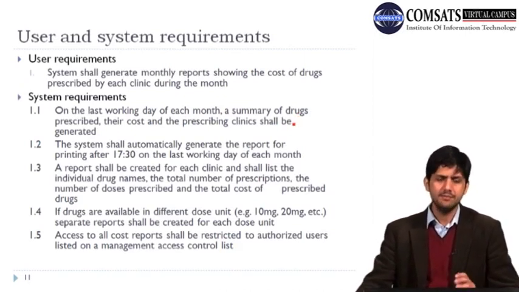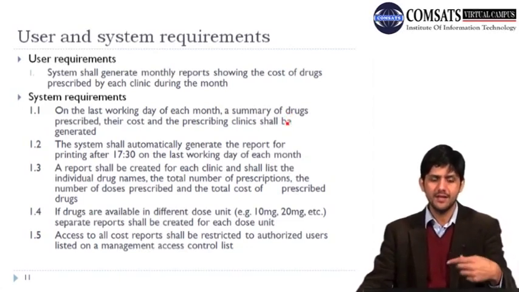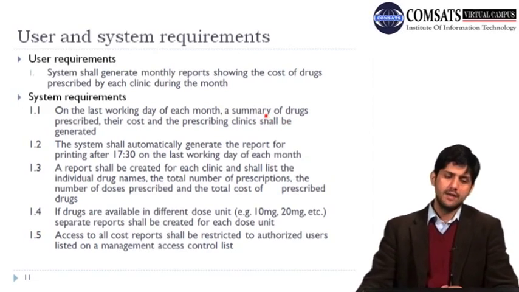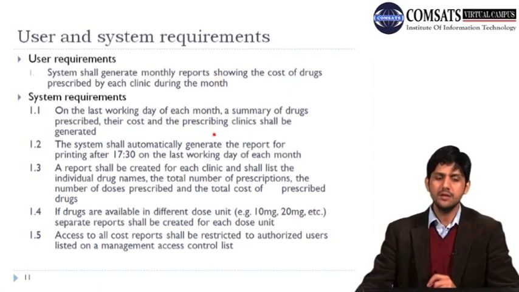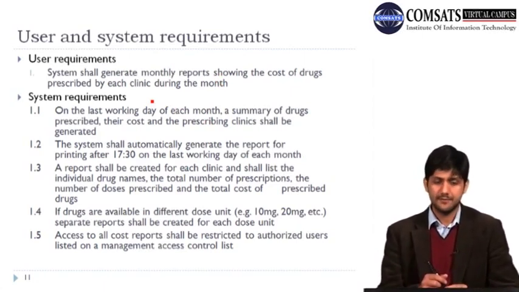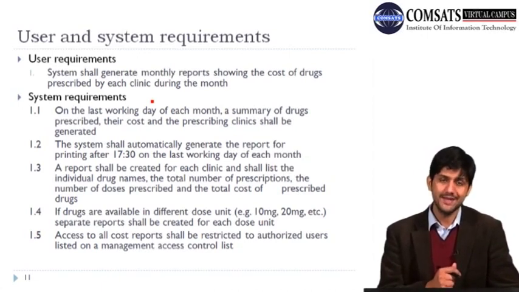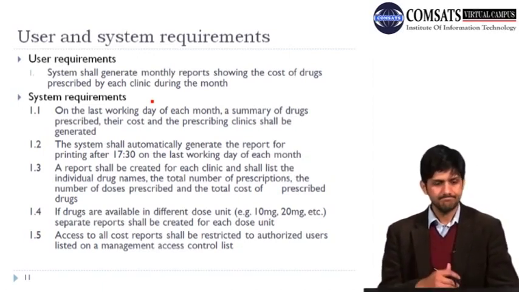Let's look at the comparison of a user requirement and a system requirement. We discussed it briefly with the ATM, where you can see the difference in the level of abstraction and detail. The user requirement is that the system shall generate monthly reports showing the cost of drugs prescribed by each clinic during the month. For example, we are talking about maybe a pharmaceutical company, and what they are interested in is seeing how much of a particular medicine is being prescribed by different clinics.